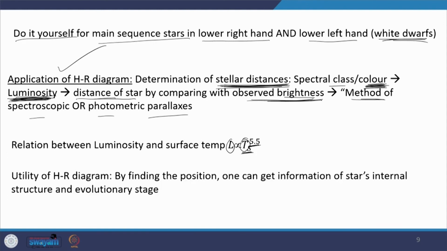And the utility of the HR diagram is, as I said, by finding the position of a star, one can get information about the internal structure of the star and how the star will evolve. Stellar evolution is one of the important objectives of this course, right? How will a star evolve? Will it go to red giant or to white dwarf? It is easy to guess if you understand the HR diagram.